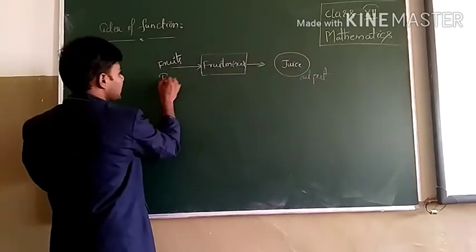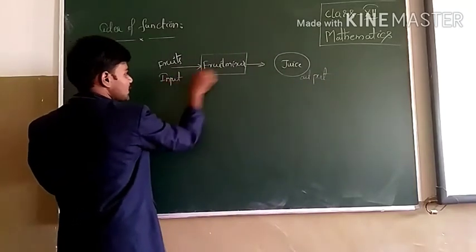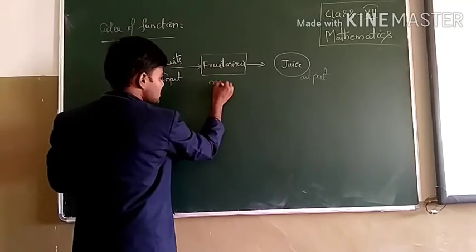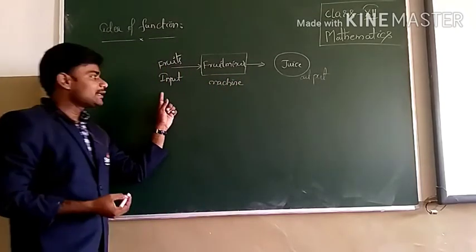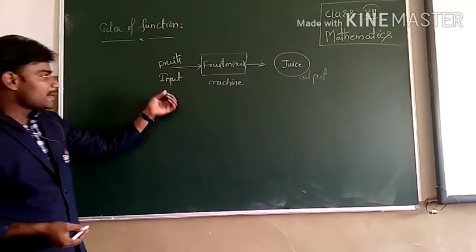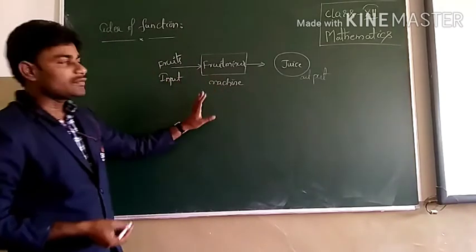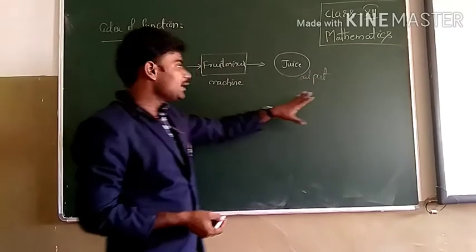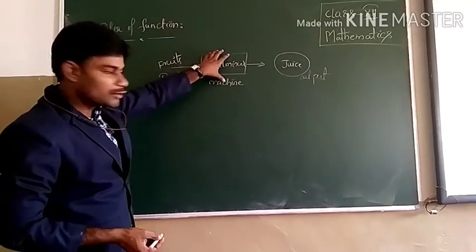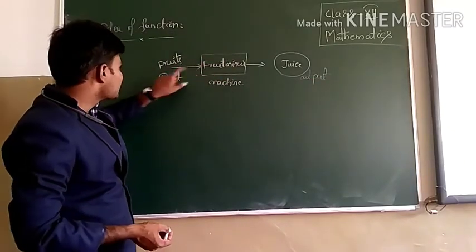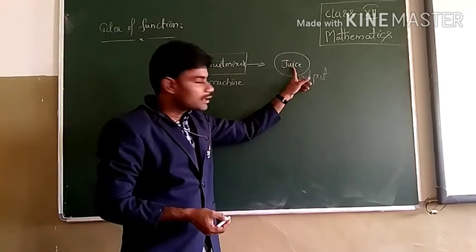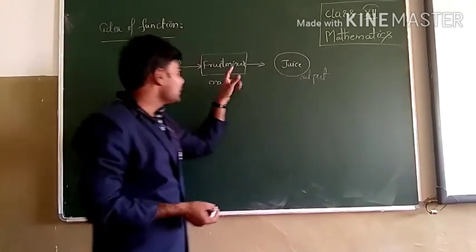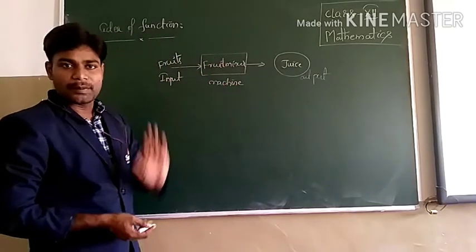It is an input. This fruit mixer we can consider as a machine. A machine takes the input, depending upon its mechanism, it provides the output. Here, fruit mixer performs an operation.